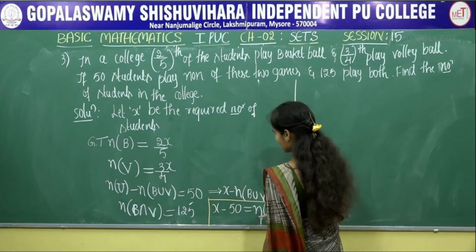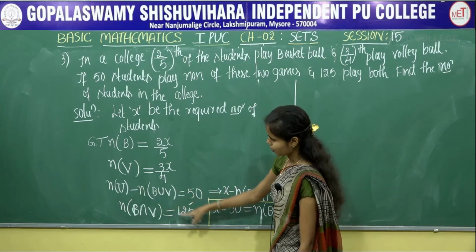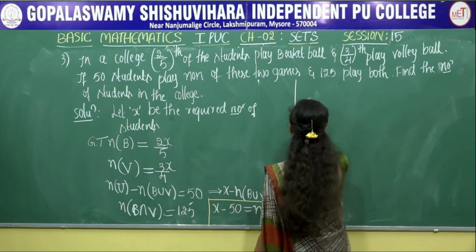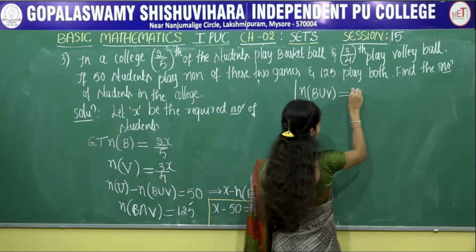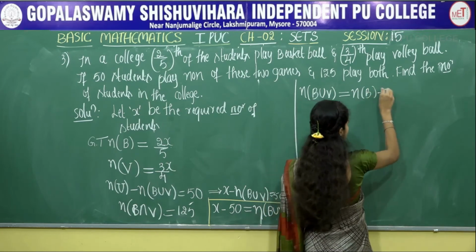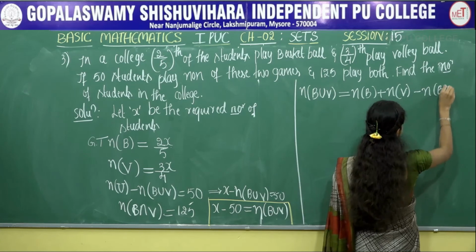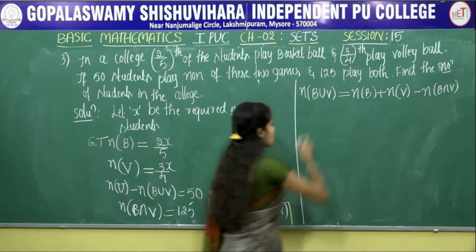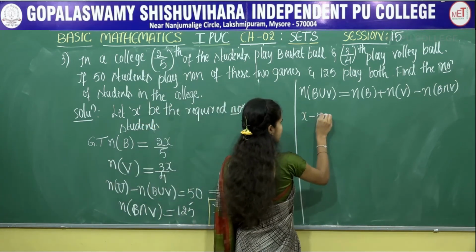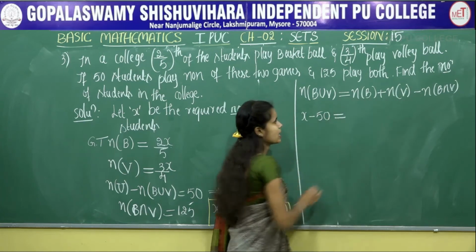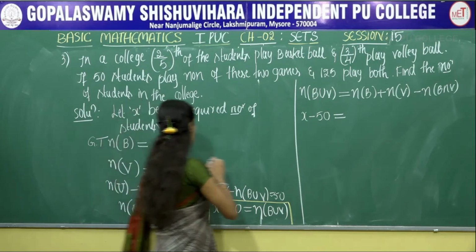Using the formula, here we have n of B union V, n of B intersection V, n of B and n of V. So use the formula: n of B union V is equal to n of B plus n of V minus n of B intersection V. So n of B union V means x minus 50, and n of B means 2x by 5.